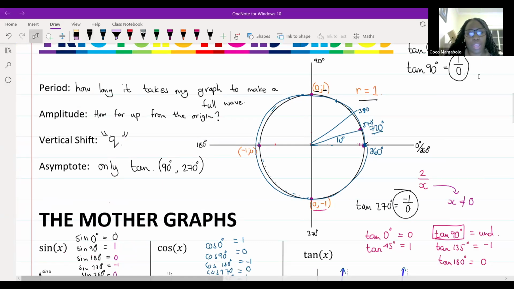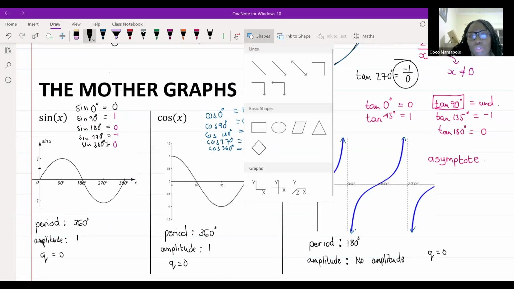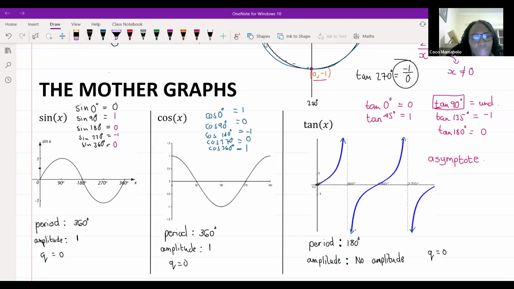If I go to my graph and I go to the point 1/2 there, and then I draw a straight line across like that, my graph is going to cut the same spot more than once.